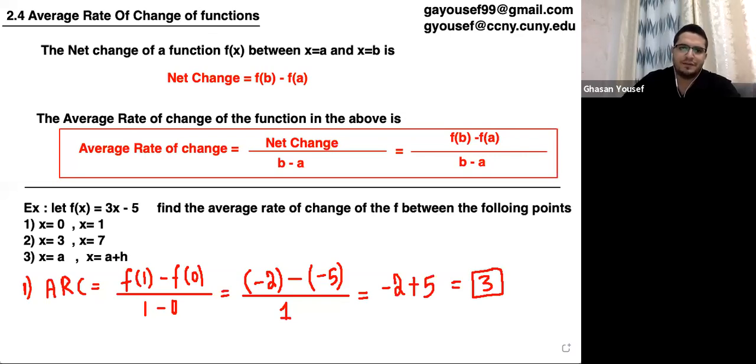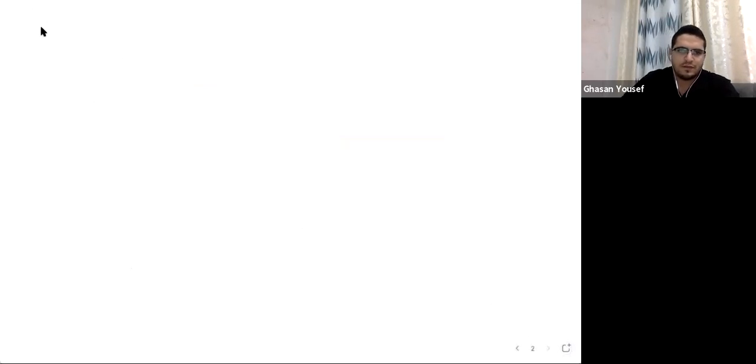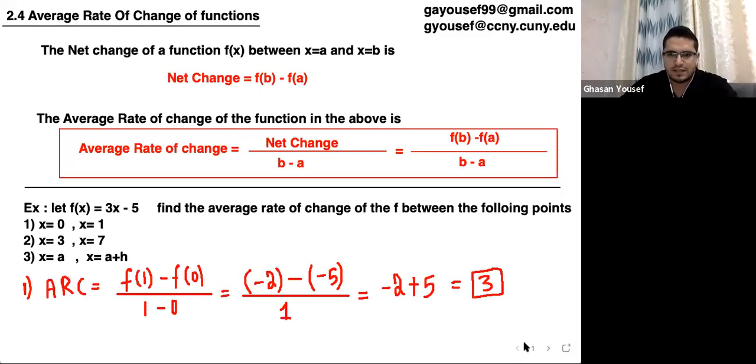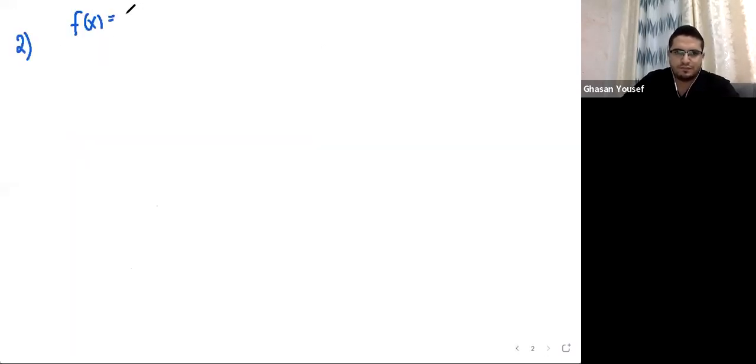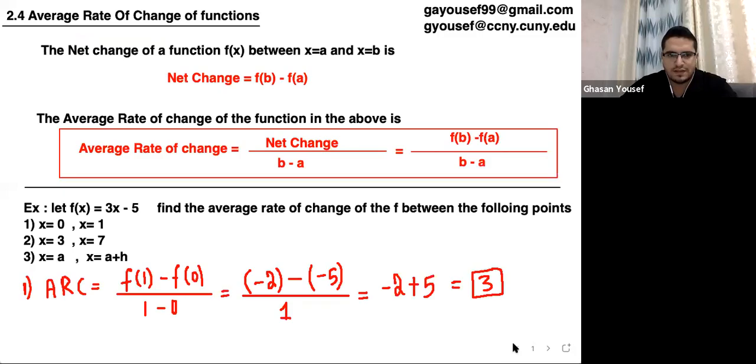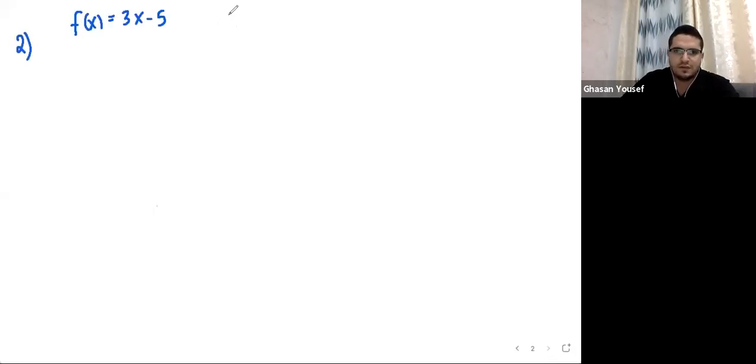Now for the second part, number 2, between x equal 3 and x equal 7. So here, I should know the function f of x is equal to 3x minus 5, and the points are x equal 3 and x equal 7.